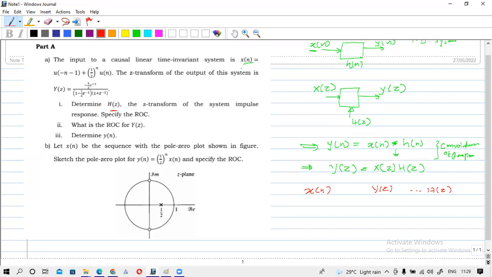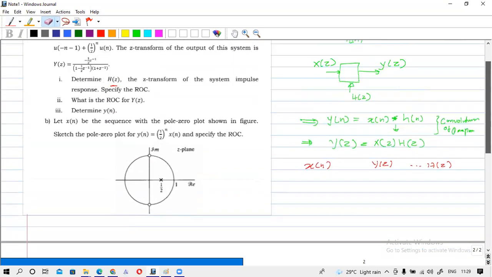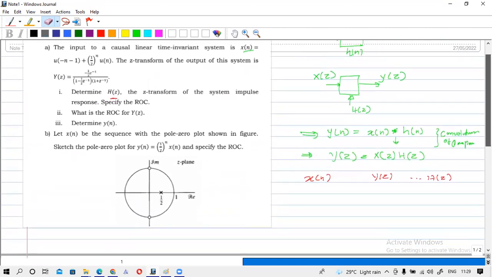If you want to do this in time domain, you have to convert this Y(z) into time, and that is not easy, it will be difficult. So we will go through our standard method: we convert all the things into Z domain and try to figure out the answer.